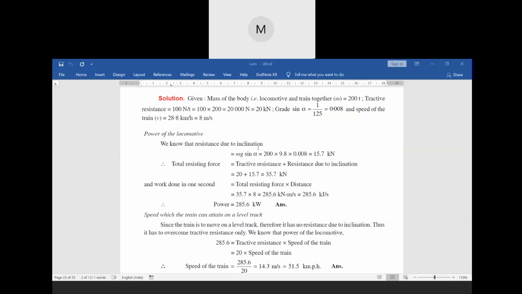If you convert, you have to multiply by 5 by 18.